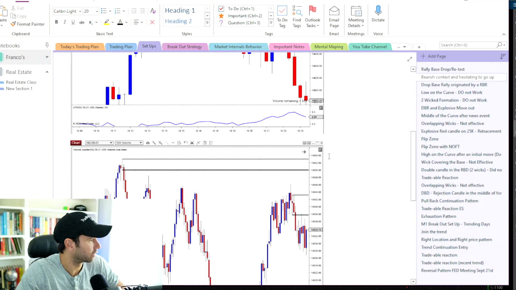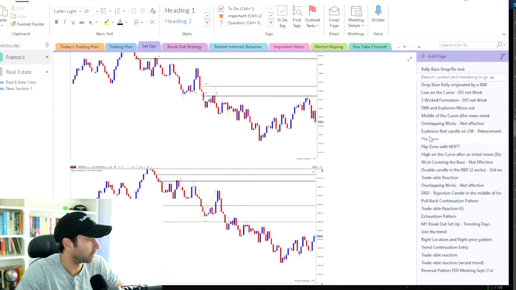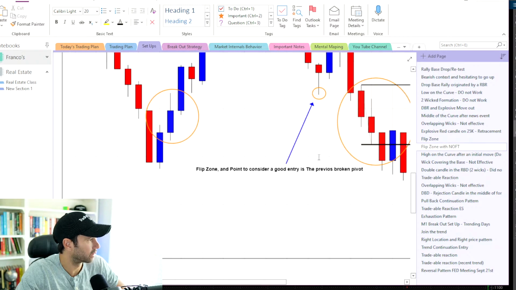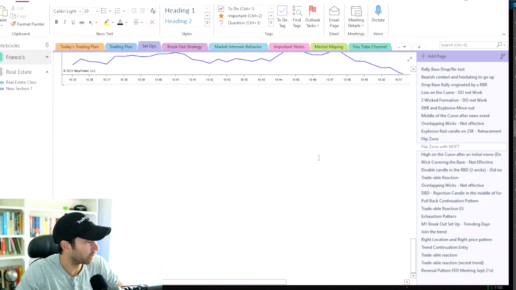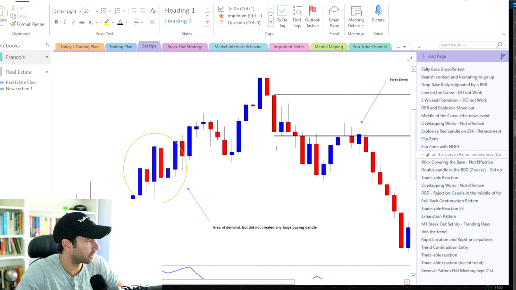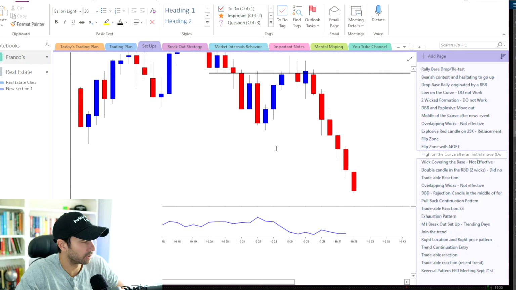Look at all the drawings of flip zones, demand turned into supply, flip zone with the order flow, high or low on the curve, the location, how location influences my trading.